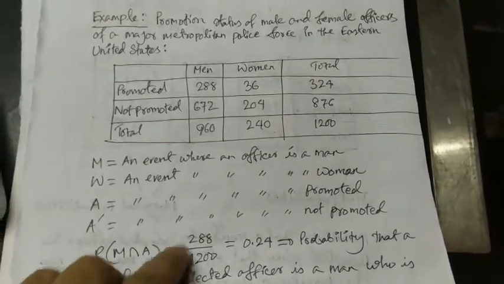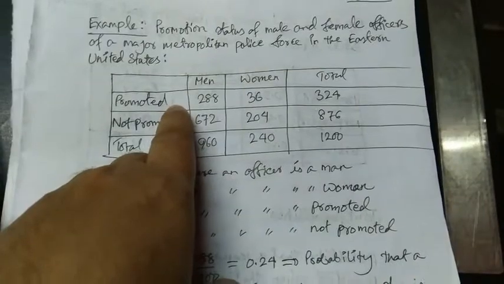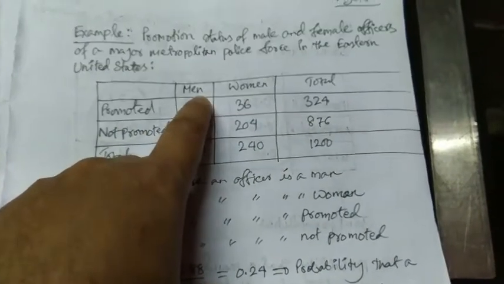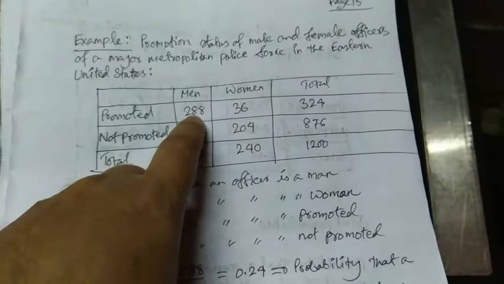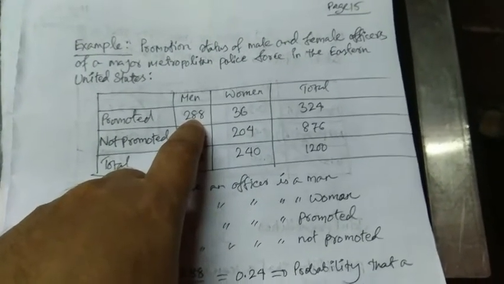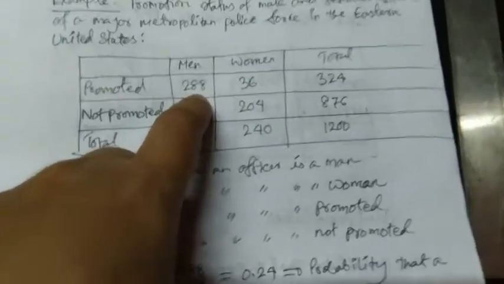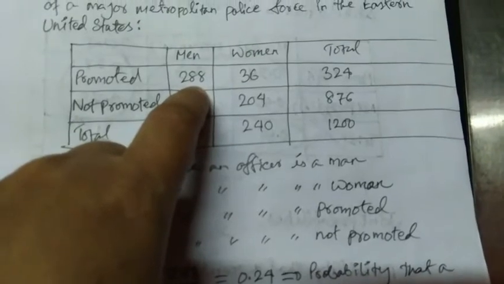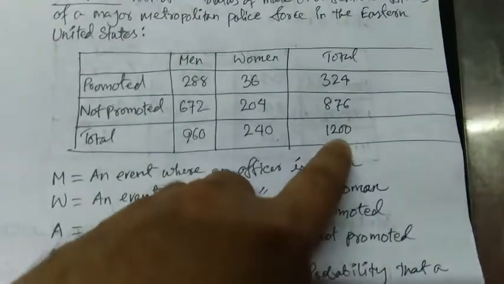Now as you can see here, promoted means event A, men means event M. That means 288 men got promoted out of 1200.